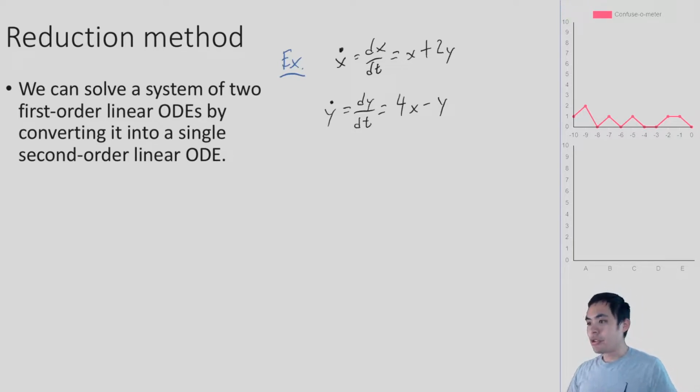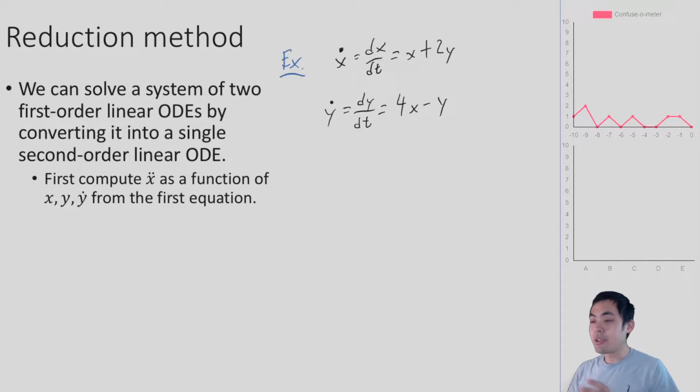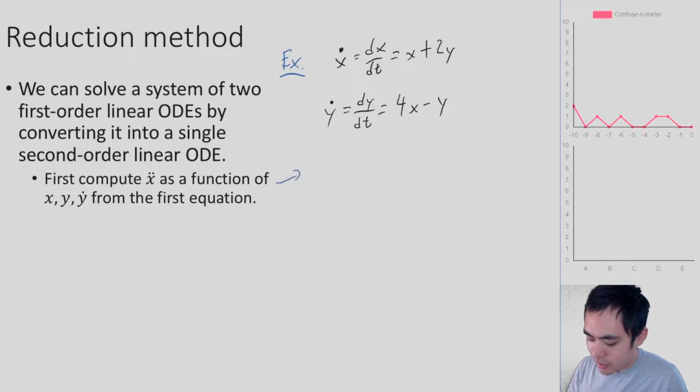The next thing we're going to do is compute x double dot, the second derivative of x with respect to t, as a function of x, y, and y dot from the first equation. If you take the first equation and take another derivative with respect to t, you get x double dot equal to x dot plus 2y dot.